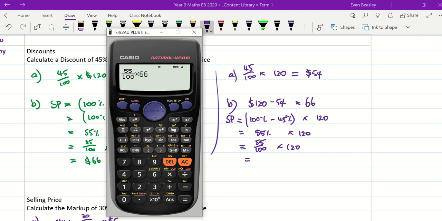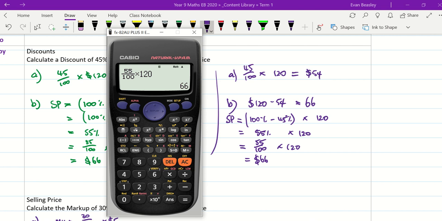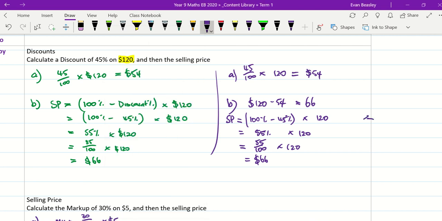So I need to go back, and I'm too busy thinking about the answer, what I should get, rather than my correct working. And that equals $66. And that looks right. So both ways are accurate. When you get this streamlined, this is going to be a whole lot quicker.